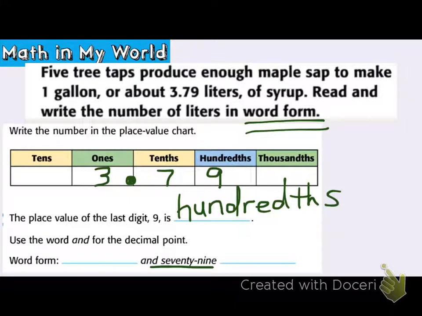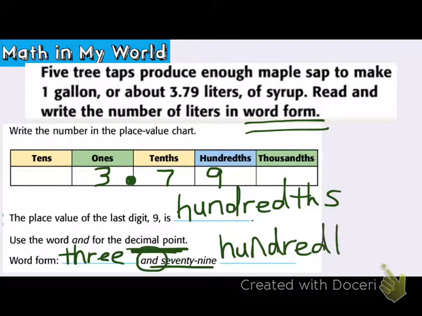So I can just write that value 3, or the whole number. 3 and is that decimal point. Use and. 3 and 79 hundredths. Remember, you're really just writing the word hundred and adding that THS because it's on the right side of the decimal.